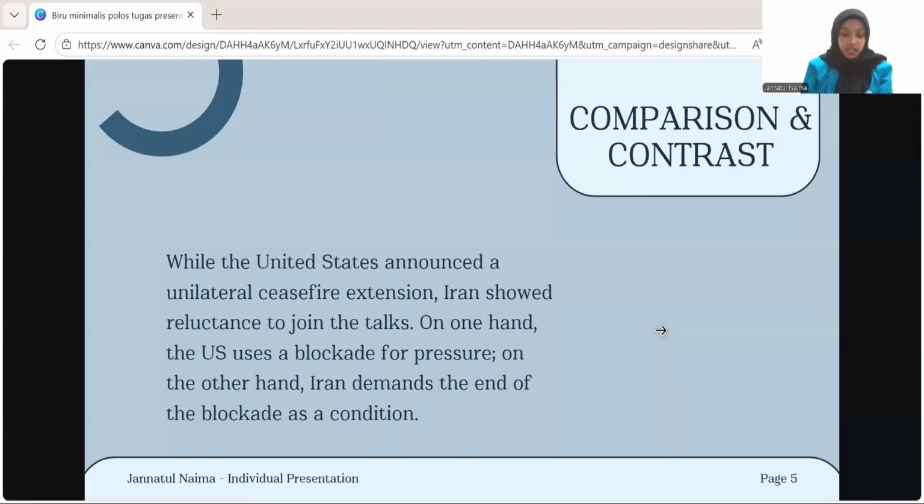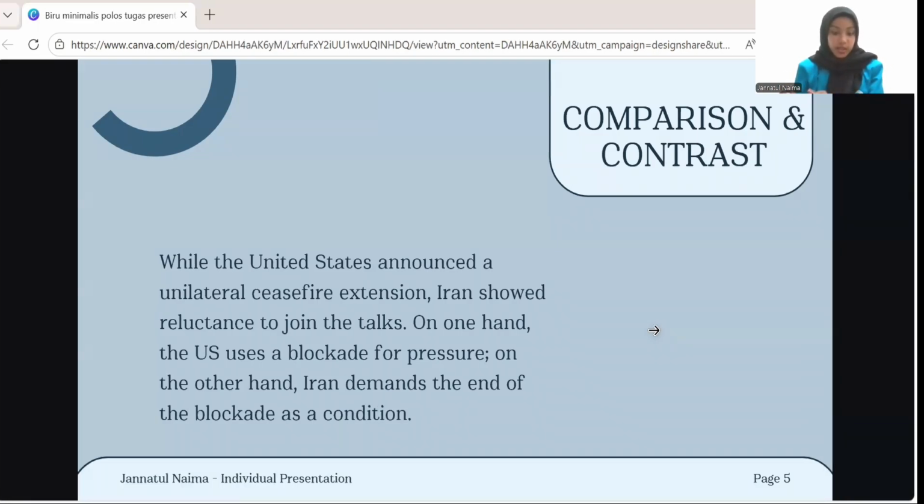On one hand, the US is trying to be flexible by extending the ceasefire. On the other hand, Iran remains firm with its demands. I identified this pattern through signal words like while and in contrast, which highlight the gap between the two nations' strategies.